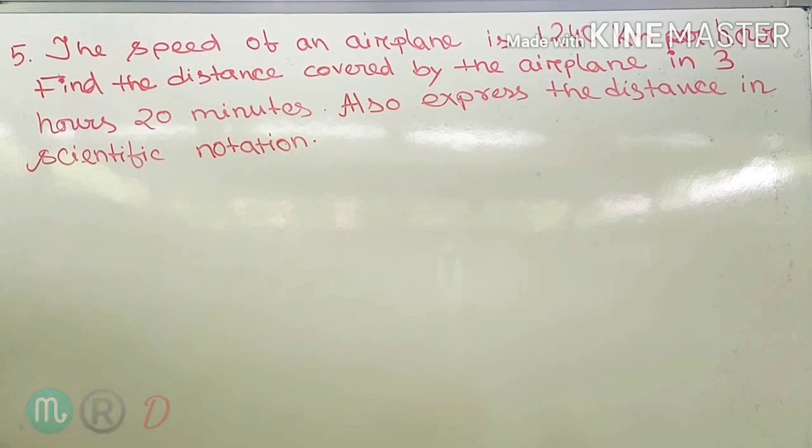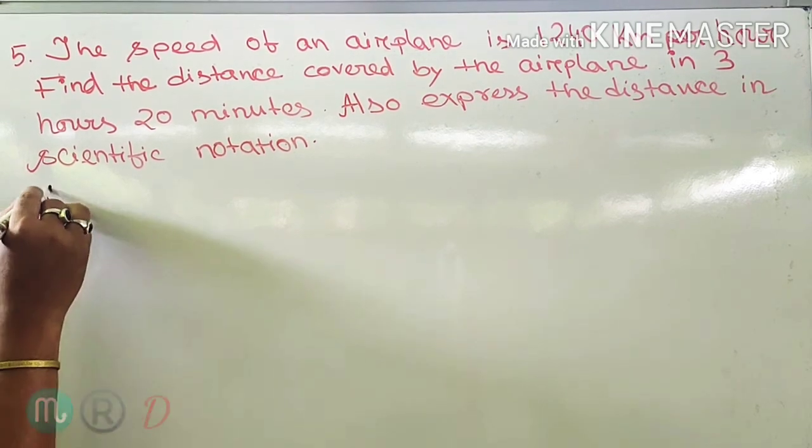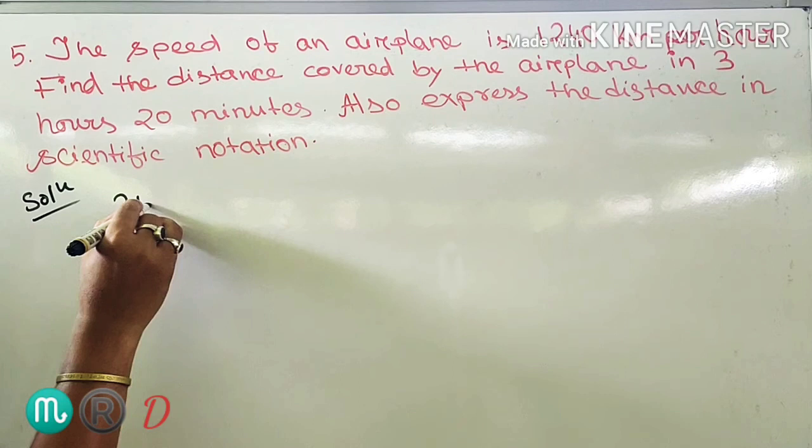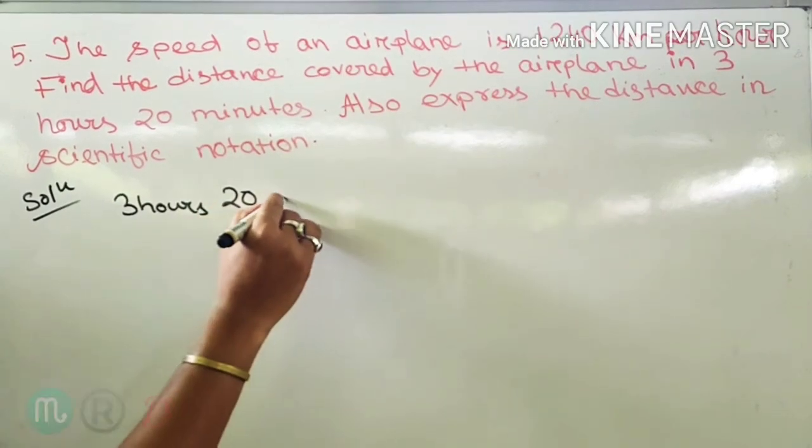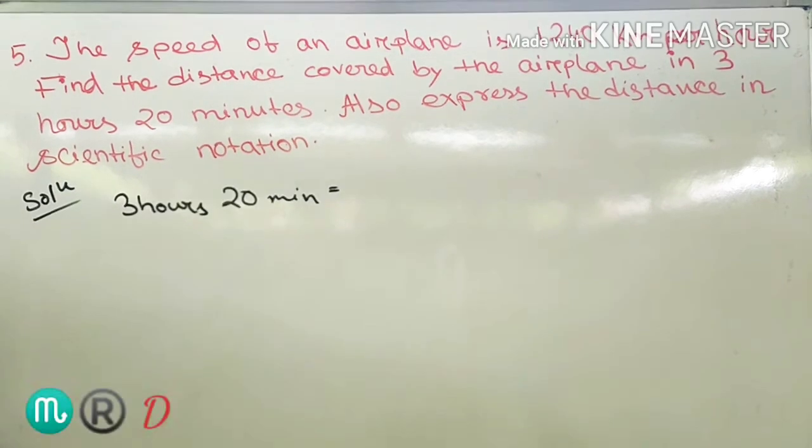Question number 5 is given. The speed of an airplane is 1240 km per hour. Find the distance covered by the airplane in 3 hours 20 minutes. Also express the distance in scientific notation. So first we will convert 3 hours 20 minutes into minutes.